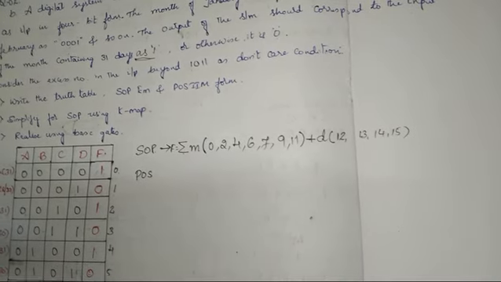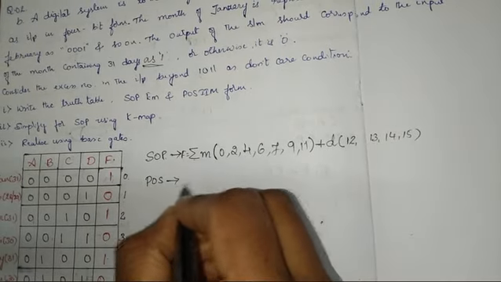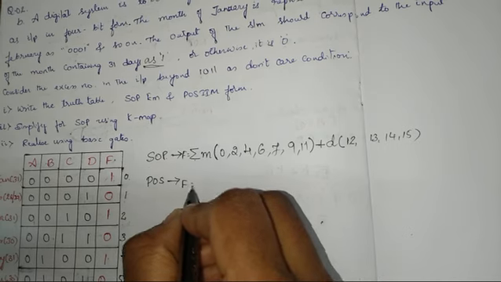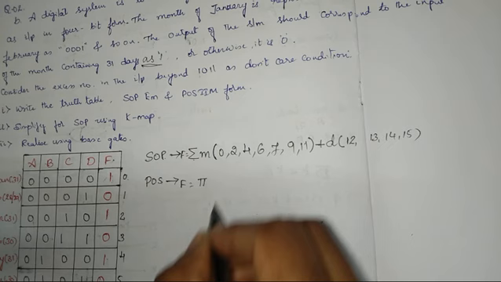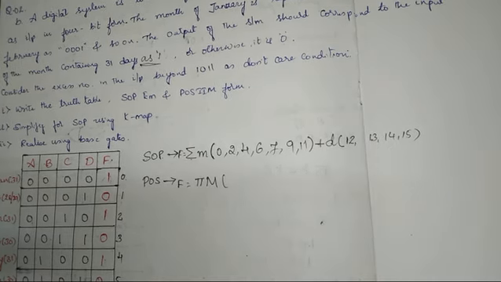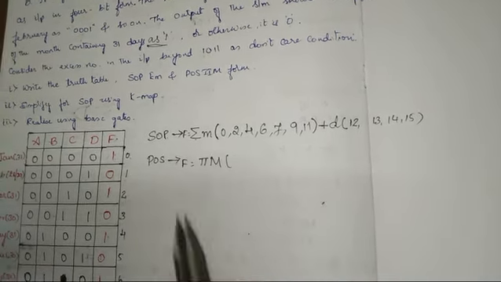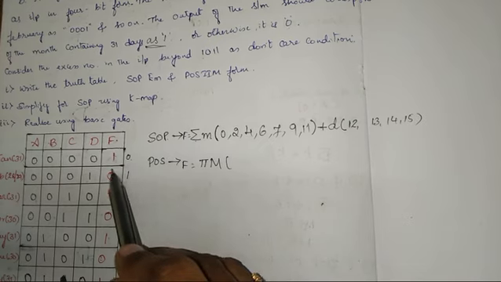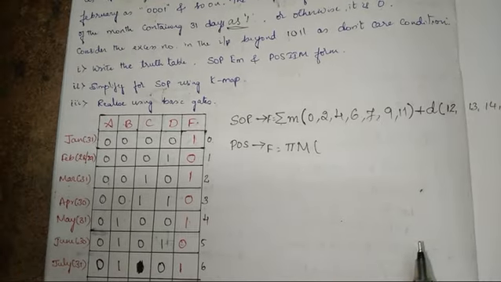Okay, next, to write the POS forms, what we have to write? We have to use the letter, that is output F is equal to pi capital M, that is the max terms. Here we have to select the input numbers where we are getting the output as 0. Okay, where we are getting the output as 0?